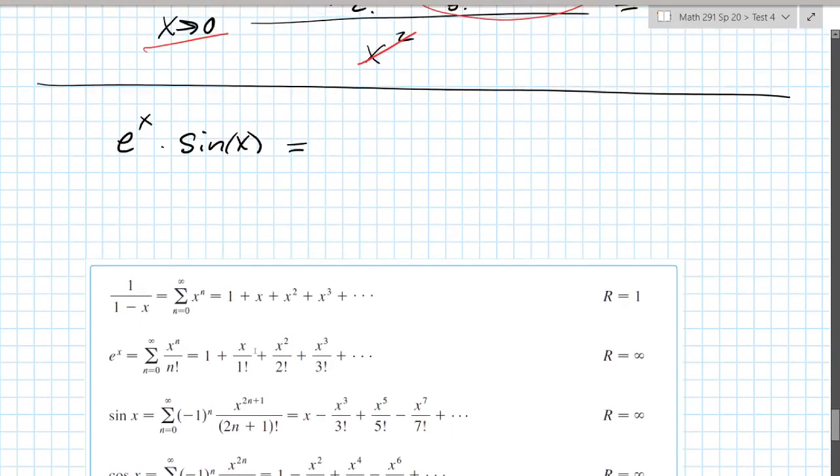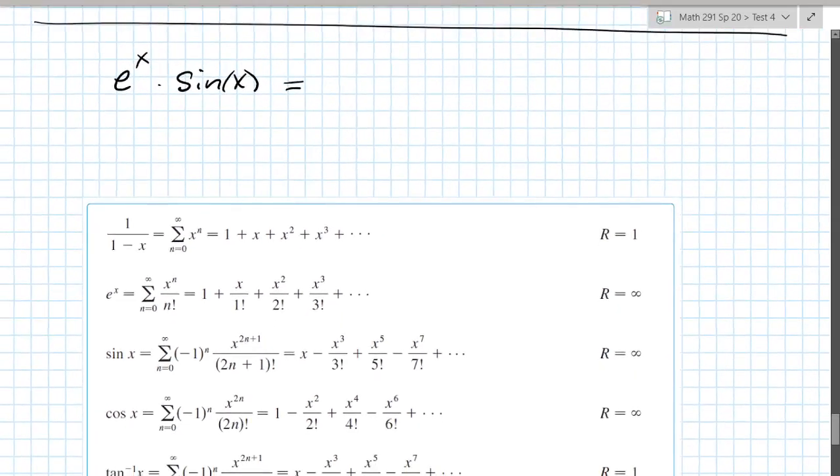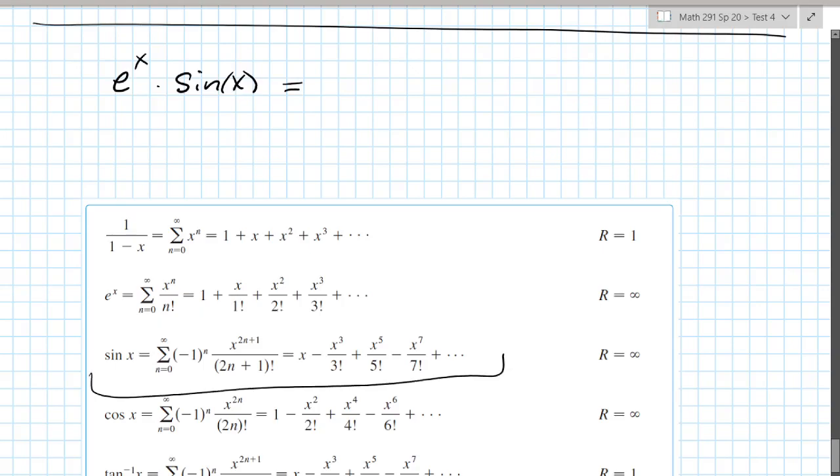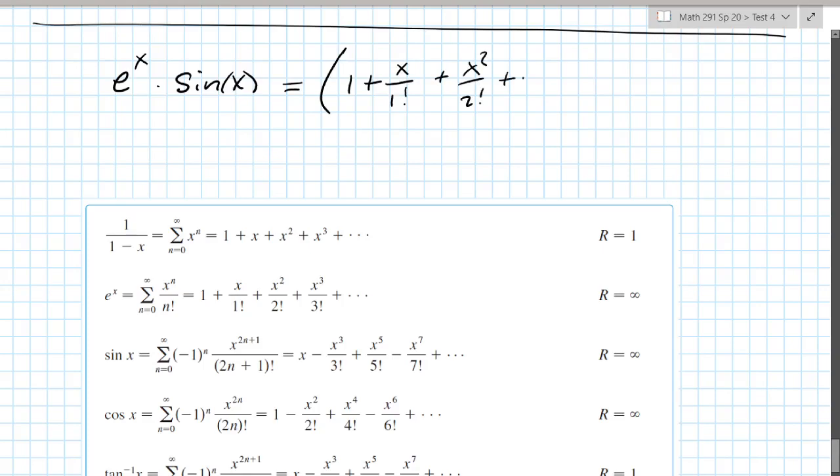From the table in the book, this is on page 768, we've got our e to the x there, and there's our sine x that we did previously. So what we have is 1 plus x over 1 factorial plus x squared over 2 factorial. We just did that one.